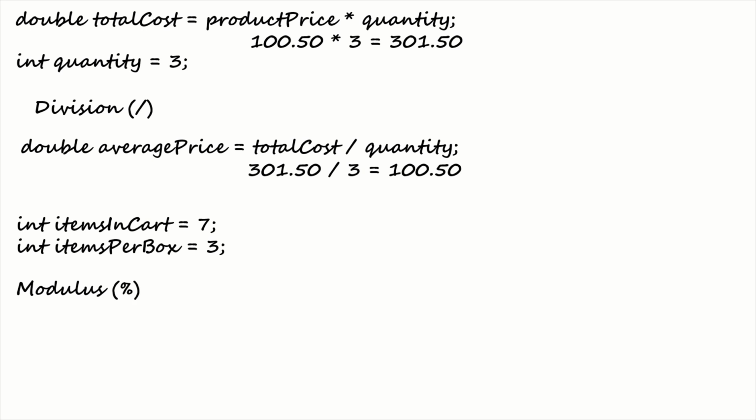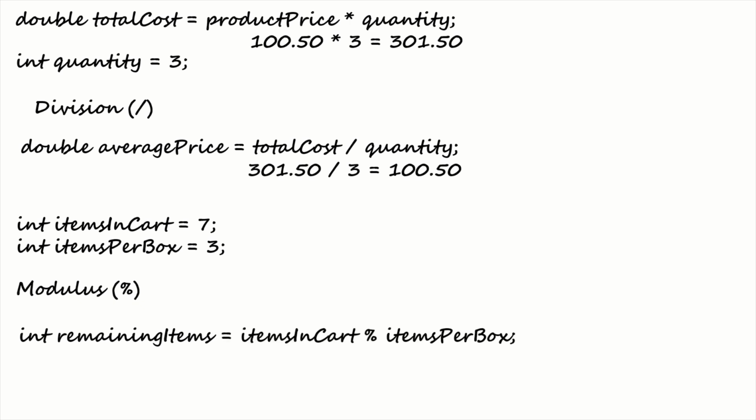That's where we have something called modulus. So I'll go with items in cart modulus items per box, which is nothing but 7 modulus 3: 3 times 2 is 6 and the remainder is 1. So this is where we can use the modulus operator. These are the arithmetic operators.